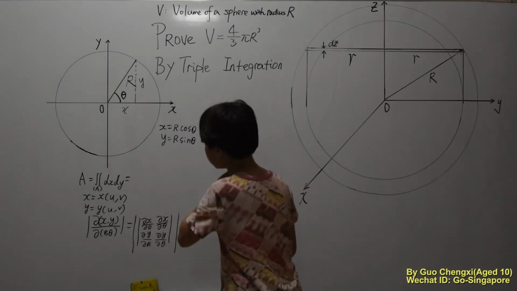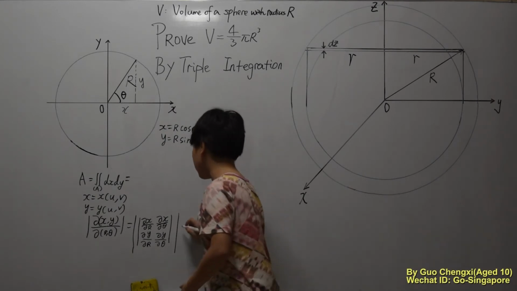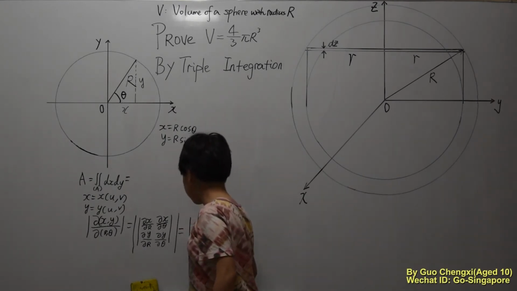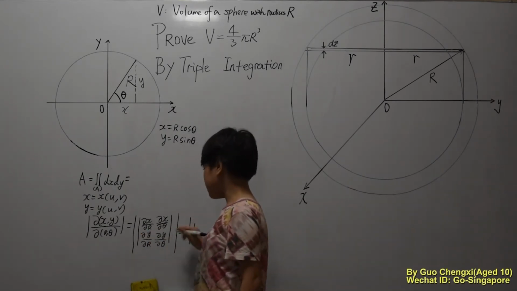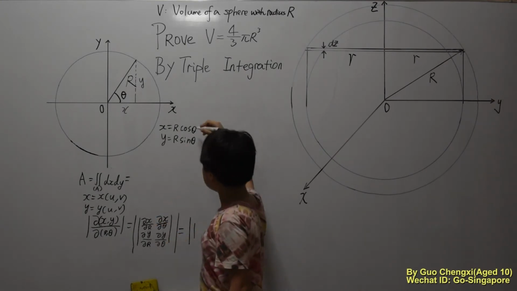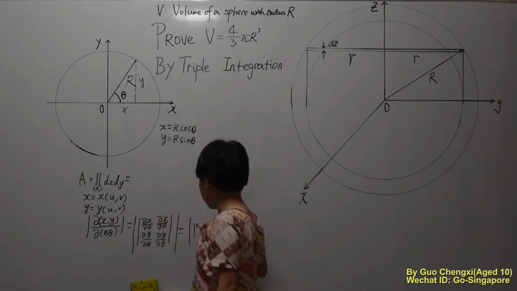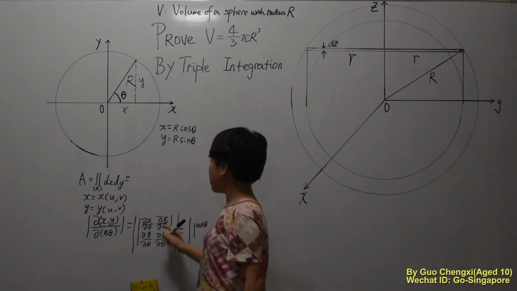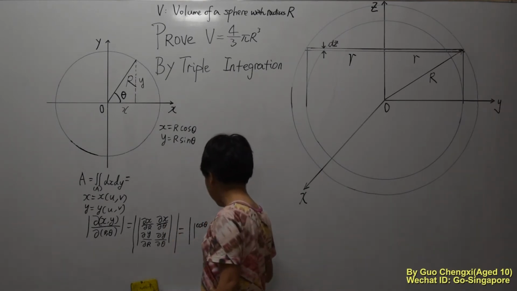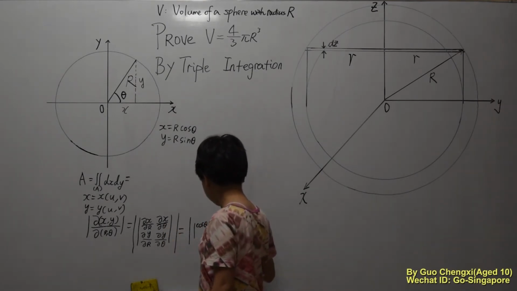Alright, now over here, for this part, what will it equal to? So modulus, then after that this part. What is partial x, partial r? So this will become cosine theta, while this part will become negative r sine theta.